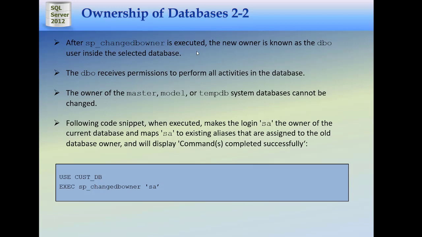Now, the DBO receives permission to perform all activities on that database, and the owner of the master, model, or tempdb system databases cannot be changed as stated earlier. The following code snippet, when executed, makes the login SA the owner of the current database and maps SA to existing aliases that are assigned to the old database owner, and will display command completed successfully.